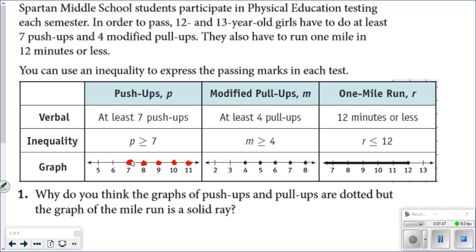So M must be greater than or equal to 4, so we have a dot at 4, 5, 6, 7, 8, and so on. The last thing here is their 1-mile run. It needs to be completed in 12 minutes or less. So R has to be less than or equal to 12. So we have our closed circle at 12, and we're shading to the left, all numbers less than 12.